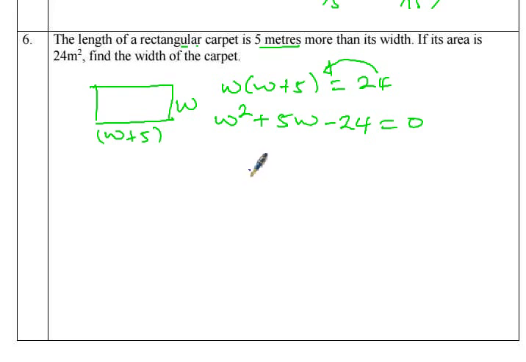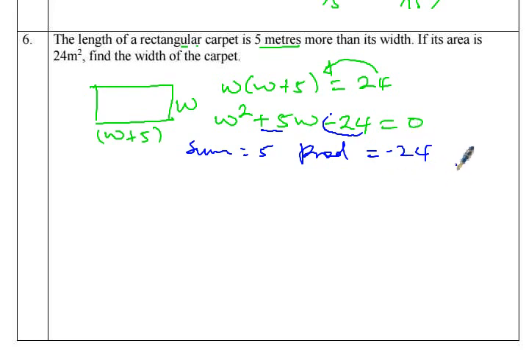Okay, so now that we have a quadratic equation, we need to solve it. What is our sum? Our sum is this number here, 5, and then our product. Now that this is 1, our product is a number right here, which is minus 24.